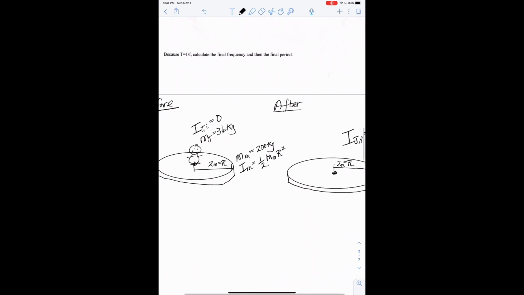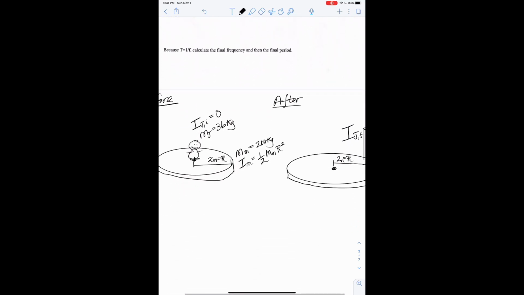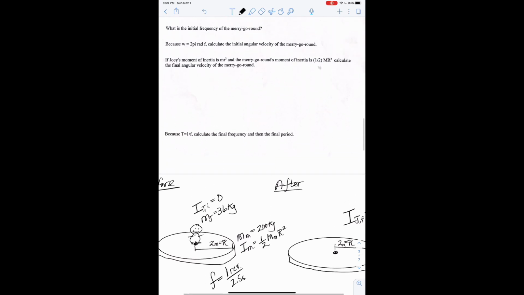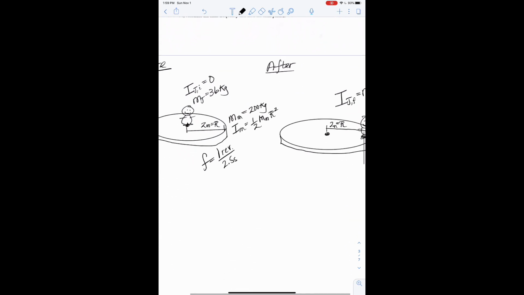We should remember, right, and I'll write that down, f equals one cycle, or one revolution, I could have said. I'm going to say revolution, every 2.5 seconds. Okay. All right, so there we are.